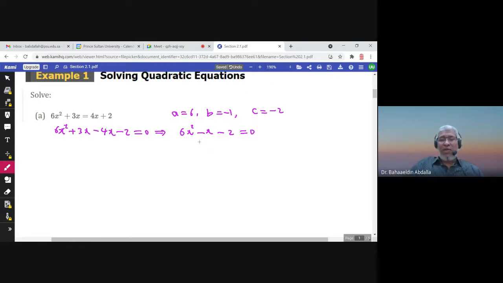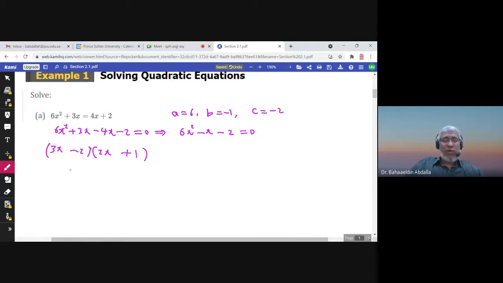What do you want to do? I need to factor the left-hand side. To factor the left-hand side, 3 terms, I factor the first term, which is 6x squared. I write it as a product of 2 terms. So let us say 3x times 2x. And negative 2, I factor negative 2. I write it as a product of 2 terms, one here and one here. So negative 2 could be negative 2 times positive 1, or negative 1 times 2.